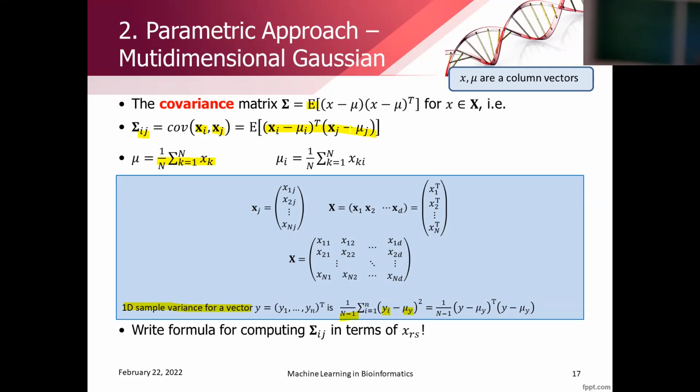The idea is the covariance should express whether the attributes are independent or dependent. Looking at the formula, what is in the formula? We subtract from the variable its mean and multiply with the difference of the other variable and the mean of the other variable.